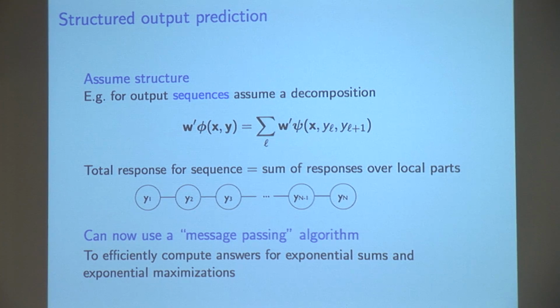Not anything will do. It turns out if I set it up so that the structures form a graphical model, and the graphical model has nice properties like a junction tree with small tree width, or put it another way, say it's a tree or a sequence, we're going to have efficient algorithms just like we would pull out of standard graphical models. All right, so that's sort of the game, how we tie this kind of generalized output structure into a graphical model, or even more generalized parse tree or graph matching representations.